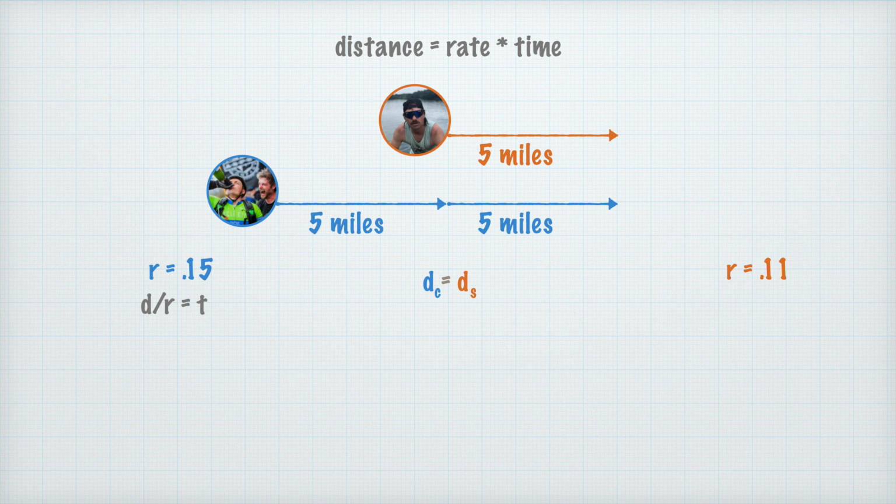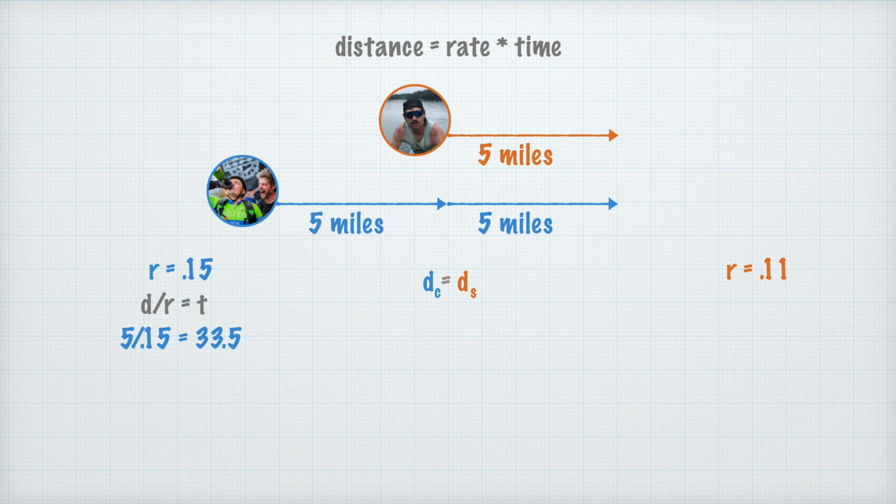To figure out when Cody is going to start his second 5 miles, we take 5 miles divided by his rate, and at that assumed pace that we've plugged in, he'll finish his first 5 miles at 33.5 minutes. And Shane will start the race at 30 minutes in.